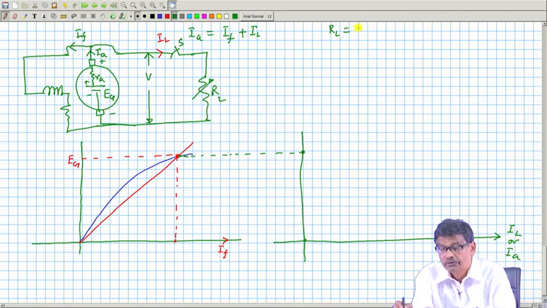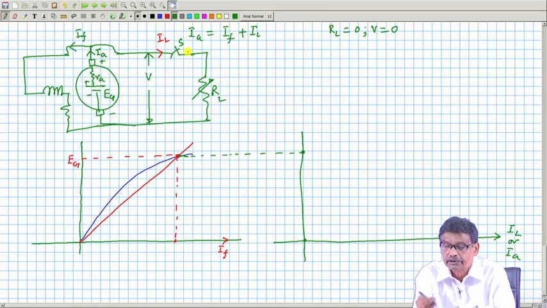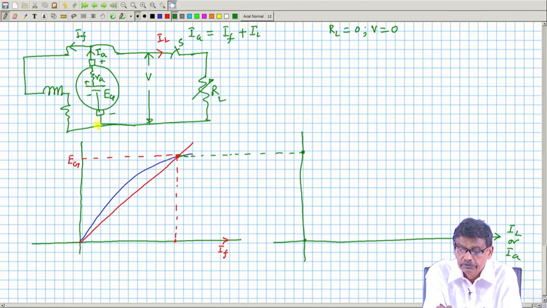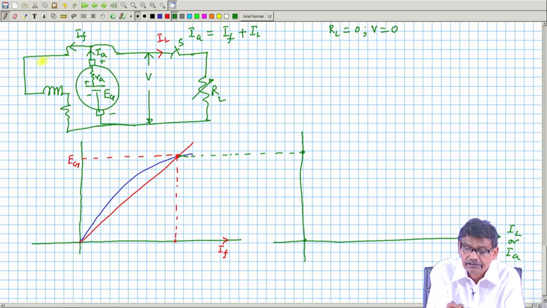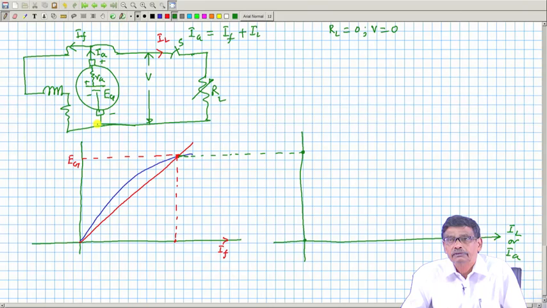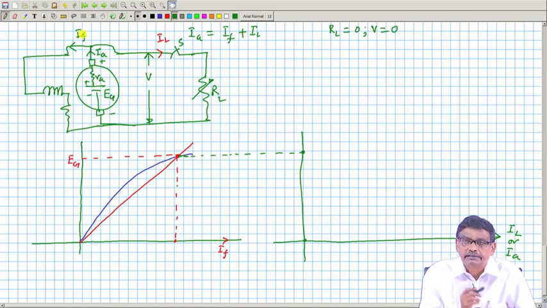Acha, one thing is clear, if a short circuit occurs, that is RL equal to 0, with RL equal to 0, we must conclude V equal to 0, that is I have shorted terminal voltage. If this voltage is 0, this voltage is also 0, what is the voltage applied across the field circuit? 0. Therefore, field current will become 0. V by RF is the field current, RF is the total resistance.